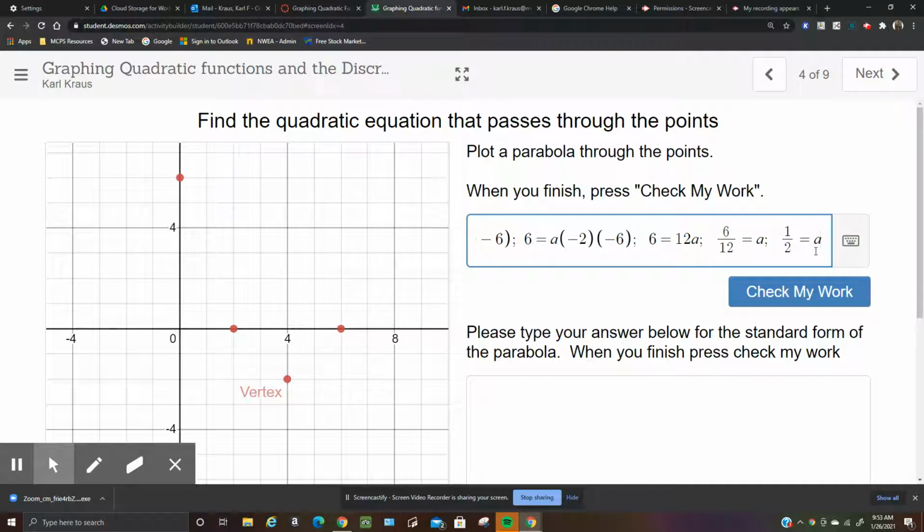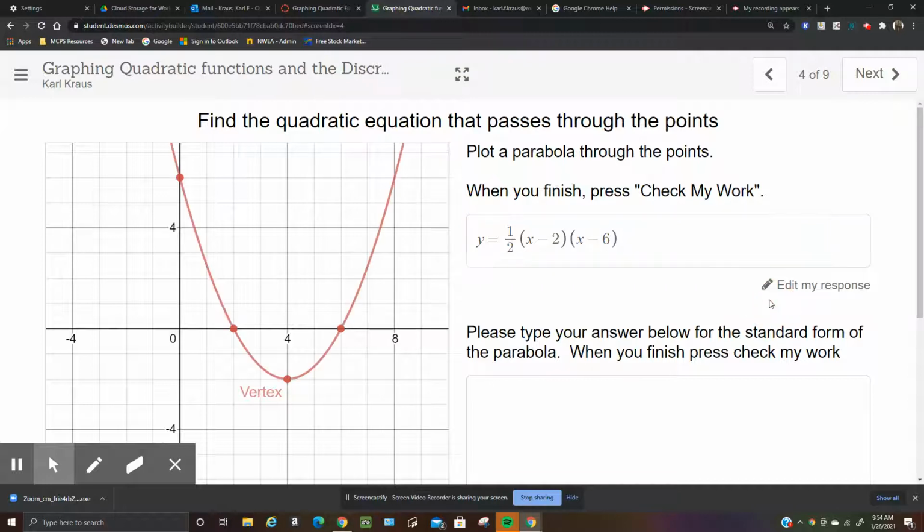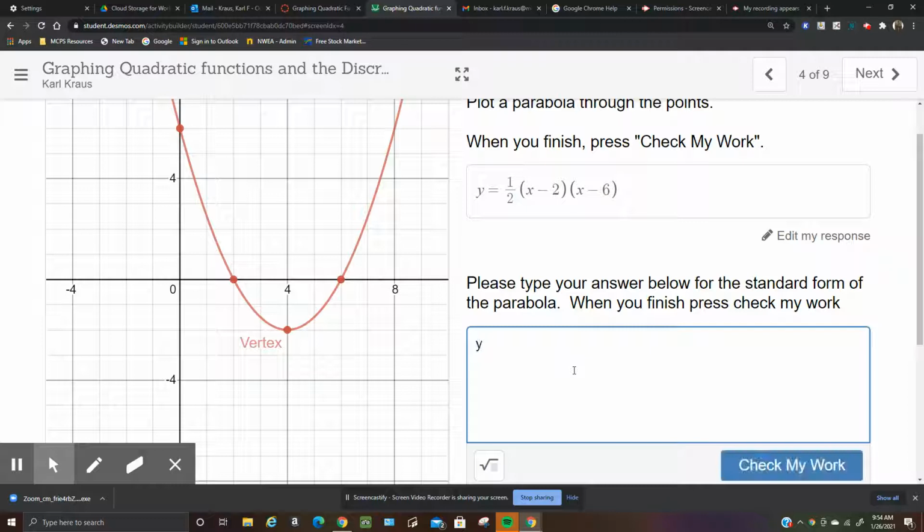I'm not going to do that for every parabola. I'm just going to try to guess what my a value is. In this case, I guessed 1/2, and I was right. To find the parabola in standard form, you're just going to multiply everything together. The first thing I'm going to do is multiply x minus 2 times x minus 6.